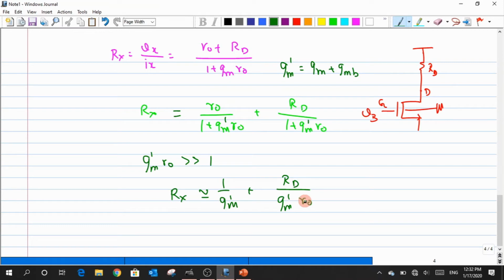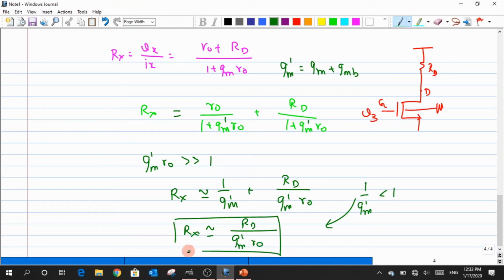In general, this 1 by Gm term is quite small, so if it is smaller than 1, I can further approximate this to be something like this. That is how I get the result.